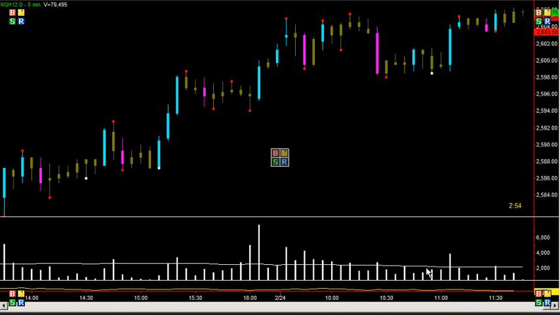We also know the saying that before your macro or higher time frame can change, the change will occur in the micro. So if we can pick these changes up in the micro, that can help us determine when the macro might change.